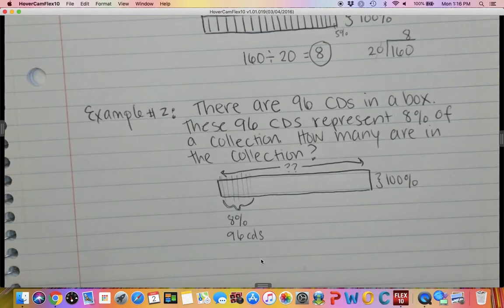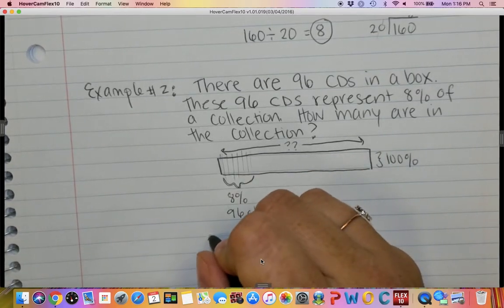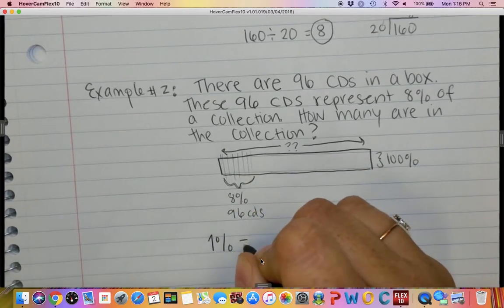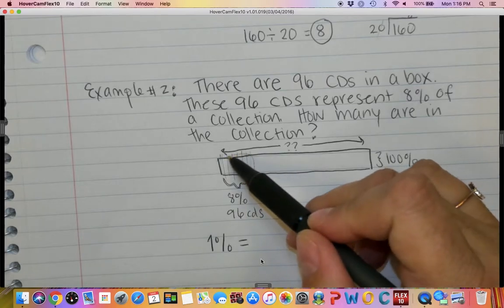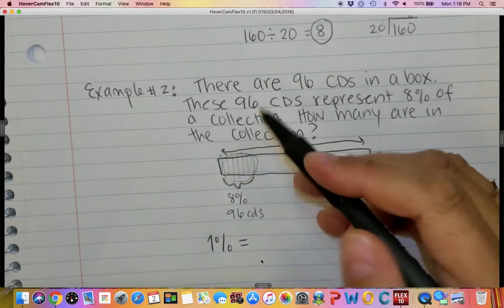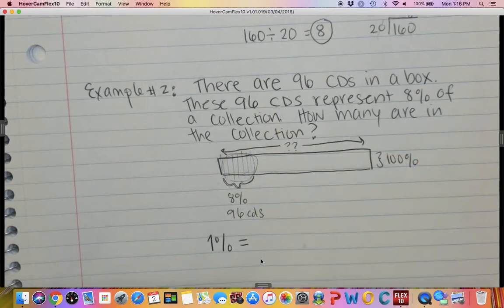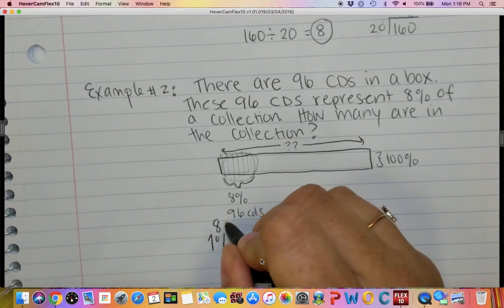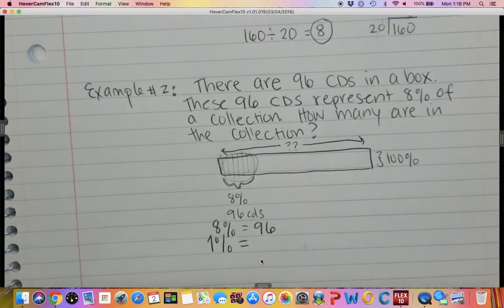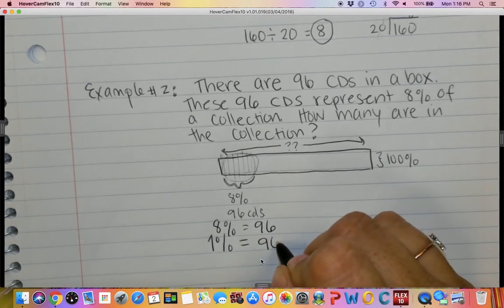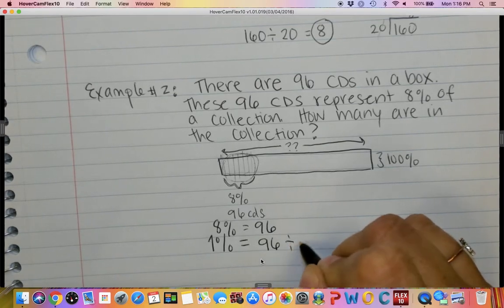So my goal is to find 1% first. And 1% is going to be these 8 boxes divided up by the 96 CDs. So we know 8% equals 96. 1% is going to be 96 divided by 8.